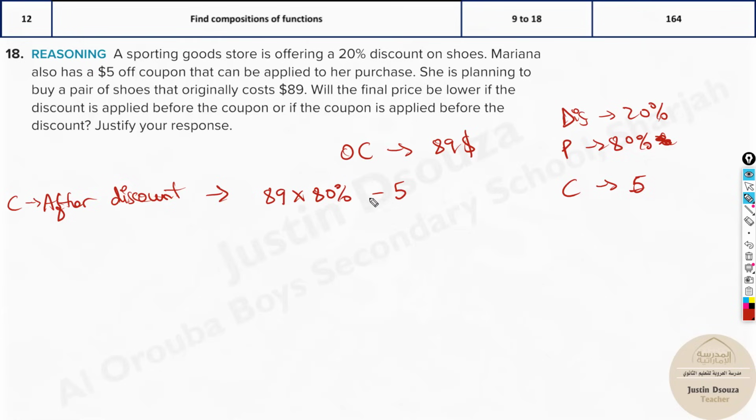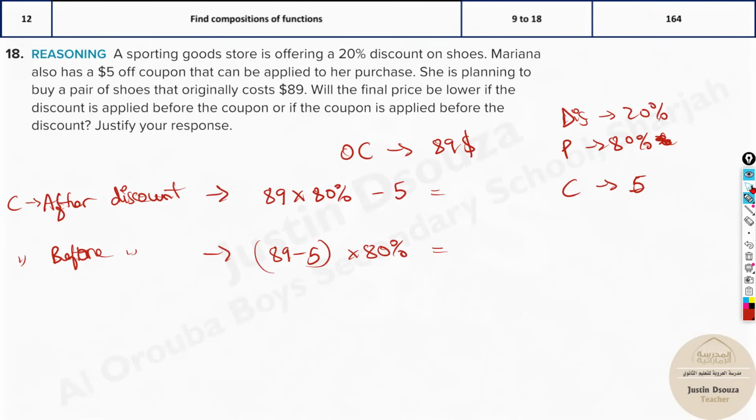Then you subtract 5. Whatever the answer is, this is applying the coupon after discount. But what if it's before? So before discount, the coupon is applied before. It will be 89 minus $5. Then you multiply this by 80%, because whatever is discounted, then you apply the discount, right? 80%. So what is this answer?